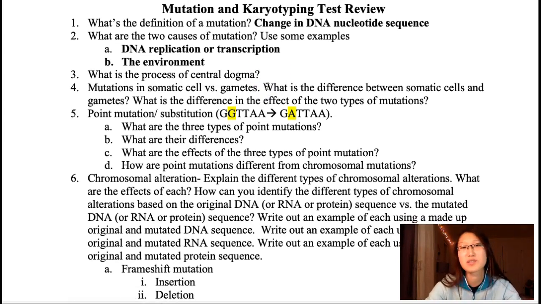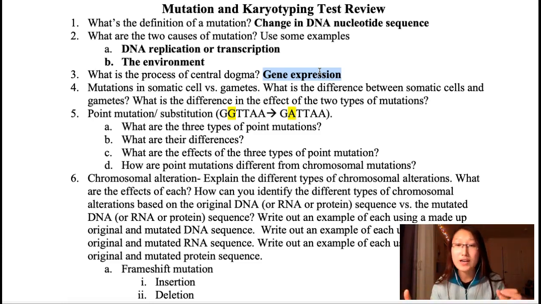So if we're talking about mutation, DNA eventually is expressed, we call this gene expression. So DNA is expressed into proteins. DNA can't just do work on its own. It has to be used as a template to make an RNA molecule before the RNA molecule can be translated into a protein that actually does things for your body for the most part.